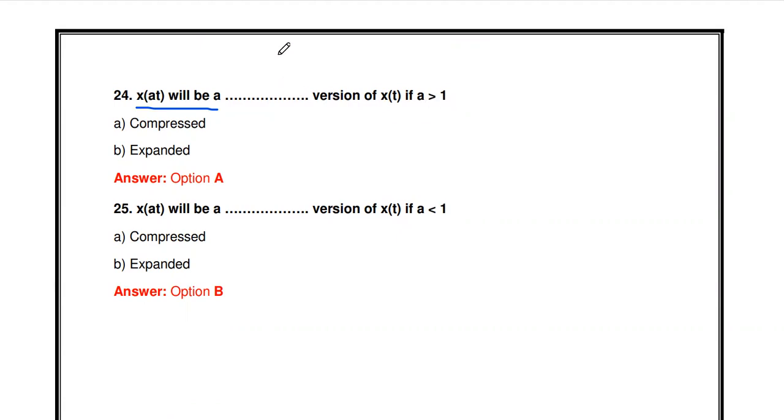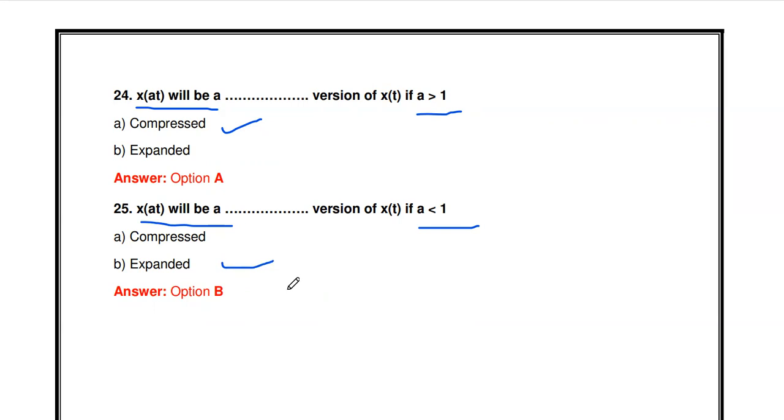Just now we discussed: if the scalar value a is greater than 1, the x of at signal gets compressed. Similarly, x of at will be the dash version if a is less than 1. If a is less than 1, the signal gets expanded.